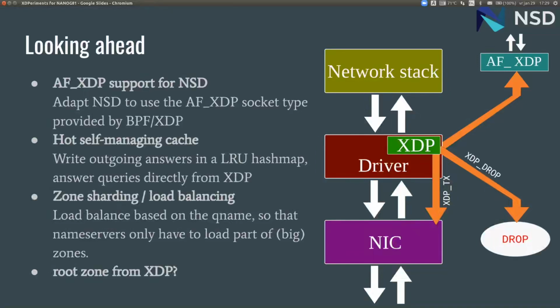And yeah, another idea we have is a hot self-managing cache, where the queries or the outgoing answers go into a least recently used hash map that can immediately answer those queries if it finds the query in that hash map from the XDP layer.